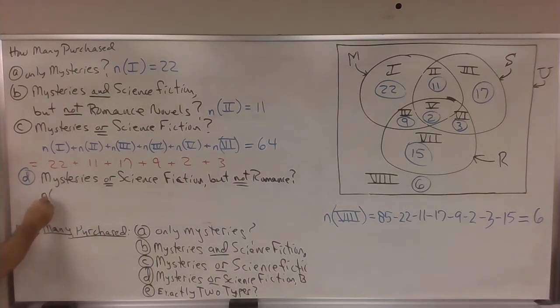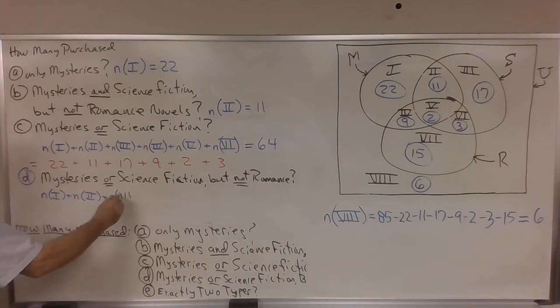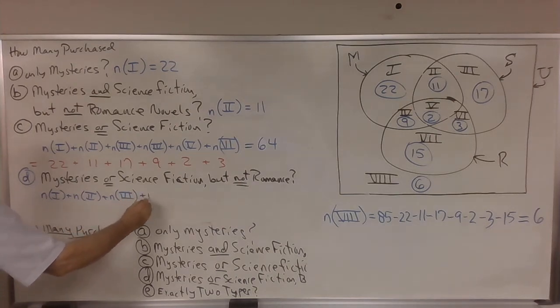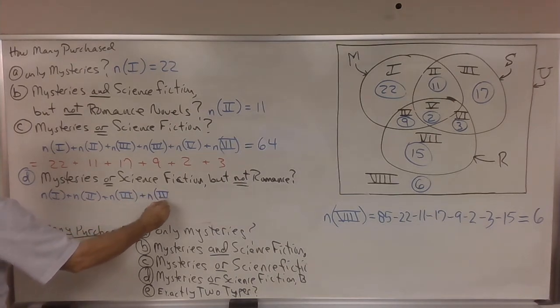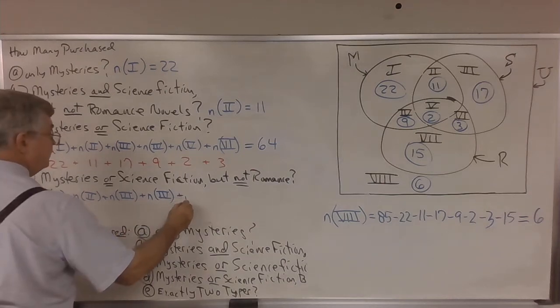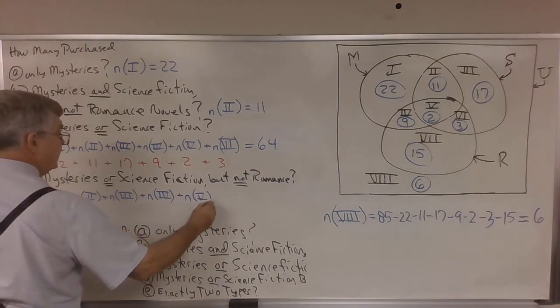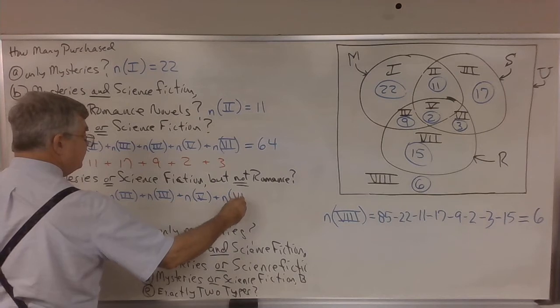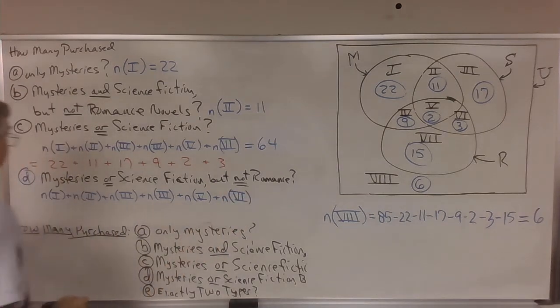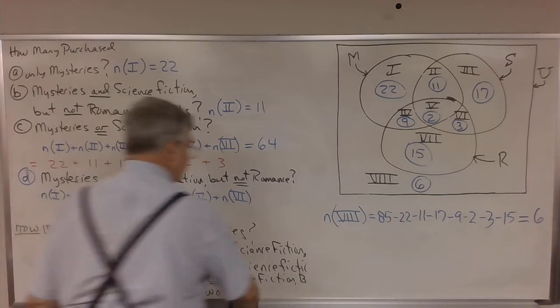So region 1 plus region 2 plus region 3 plus region 4 plus region 5 plus region 6. So that's mysteries or science fiction, but not romance. We've got to include that.